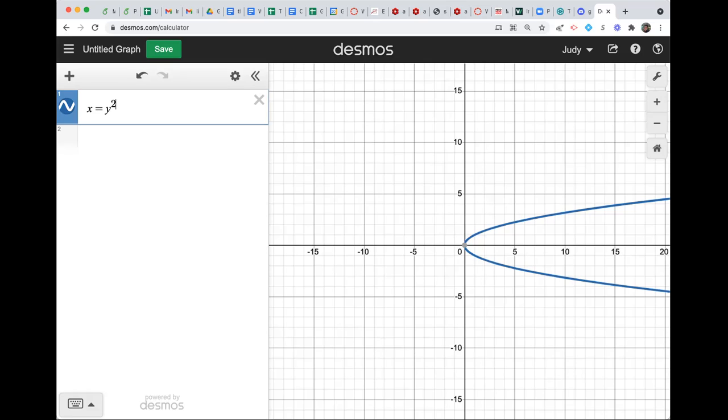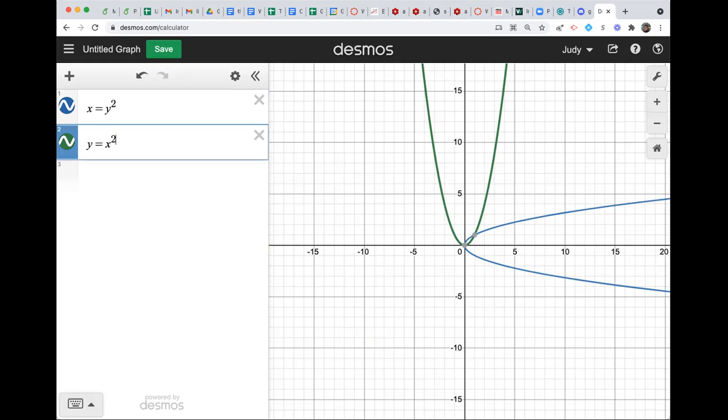Is this a function? y equals x squared. Is that a function? All right.